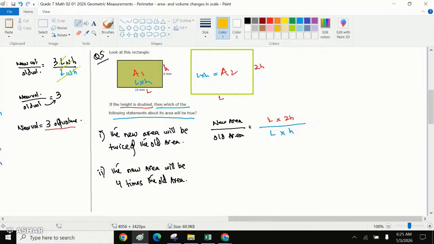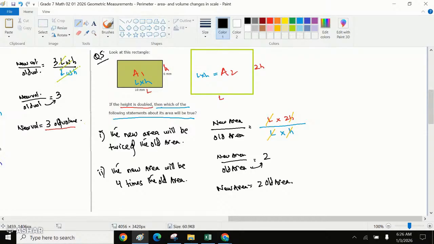Can we cancel out something that is common? The lengths are common, the height is common. What are we left with? New area upon the old area would be equal to 2. When we cross multiply, we can say new area is twice of the old area.